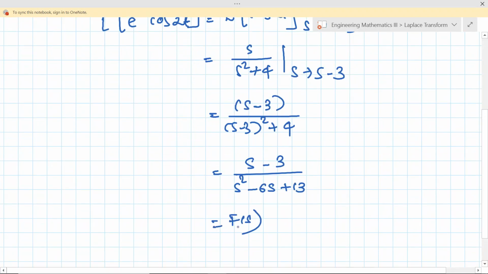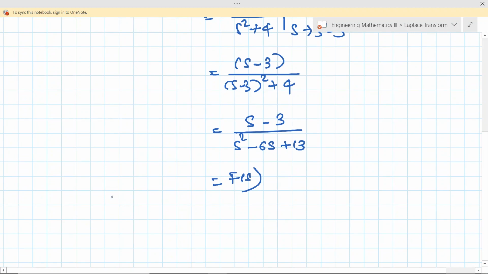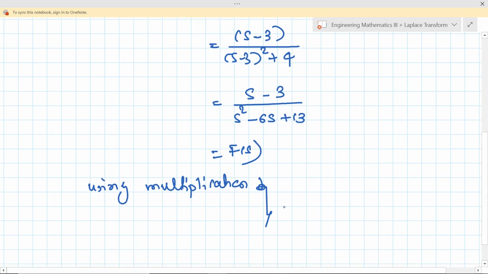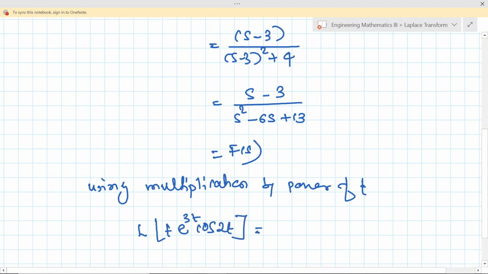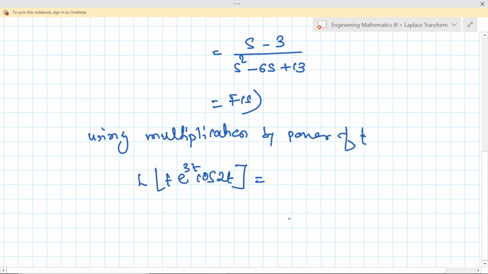This is my f of s, and therefore by multiplication by power of t, the Laplace transform of t into e raised to 3t into cos of 2t is equal to, if multiplication by power of t, then we take the derivative.